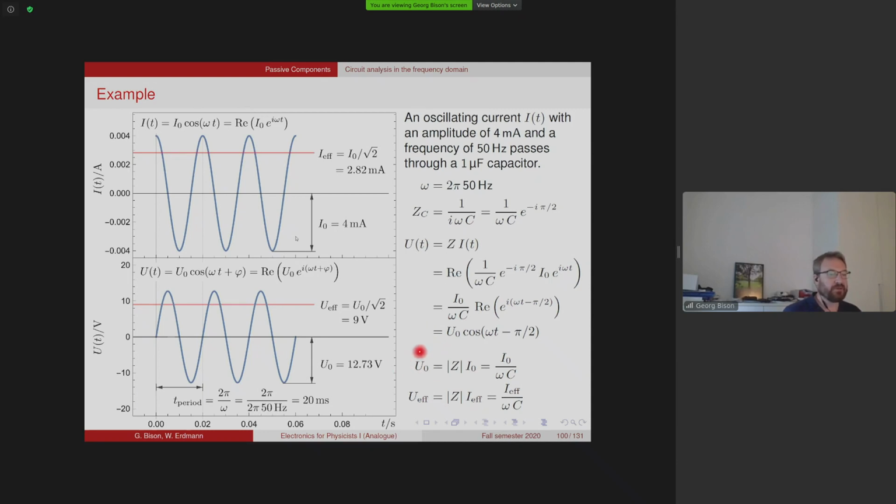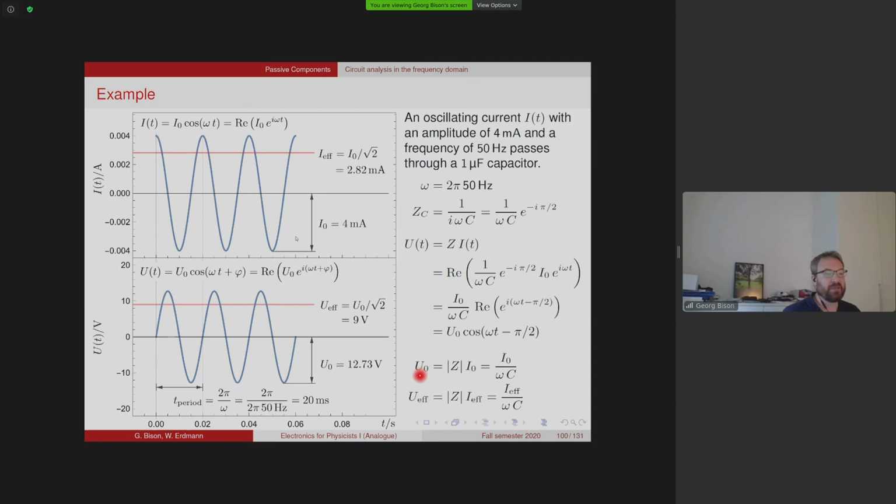And then we define the peak voltage that goes through the capacitor as the magnitude of the impedance times I0. So if we are just interested in magnitudes, we can even stop caring about these complex impedances or complex definitions of oscillating signals.